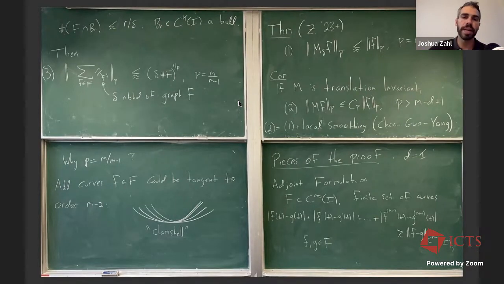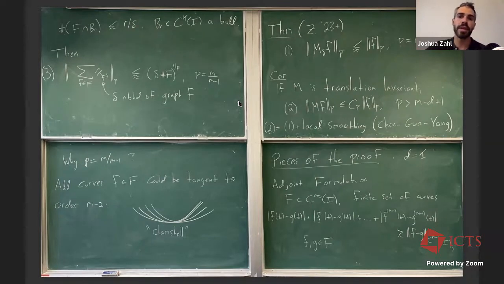So one example to consider, so the bottom right board tells us that distinct curves are not allowed to be tangent to order m minus 1, but they are allowed to be tangent to order m minus 2. So for example, let's say we're dealing with circles. So for circles, m equals 3.